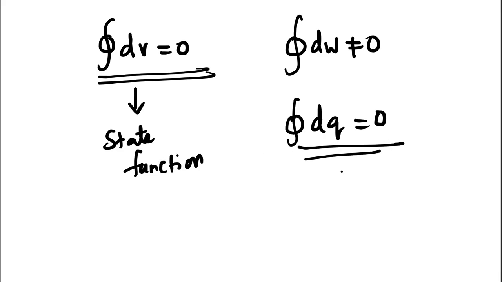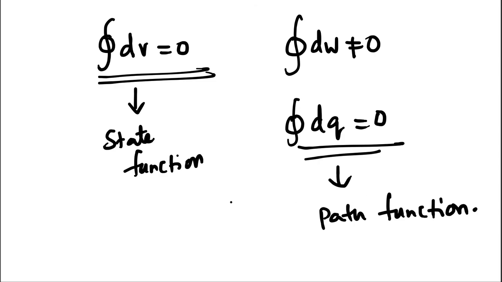And this one is a character of a path function. We have proved that work is a path function and its differential is an inexact differential. And to prove Euler's criterion for exactness, we took volume as a state function and proved it as a state function, and its differential is an exact differential.